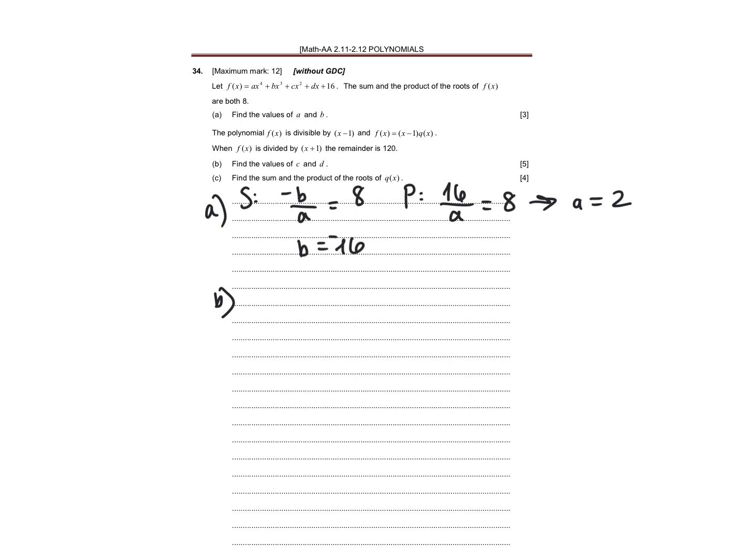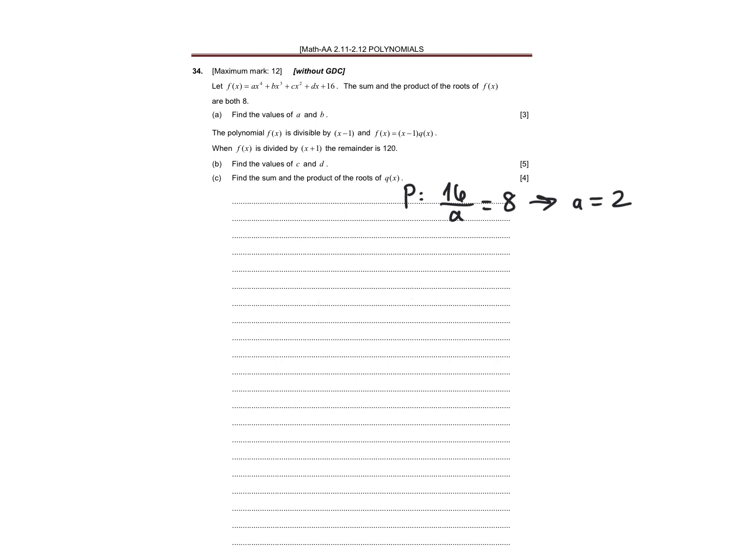Okay, so we have f at 1 is 0. So we're going to have a plus b plus c plus d plus 16. So we're going to have c plus d is negative 2. And we are going to have, when it's divided by x plus 1, that is f at negative 1, we're going to have 120.